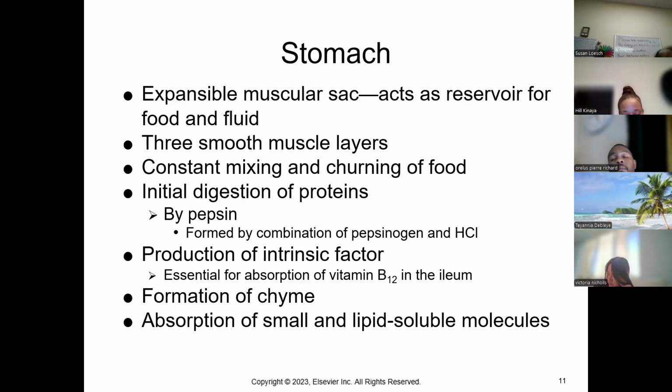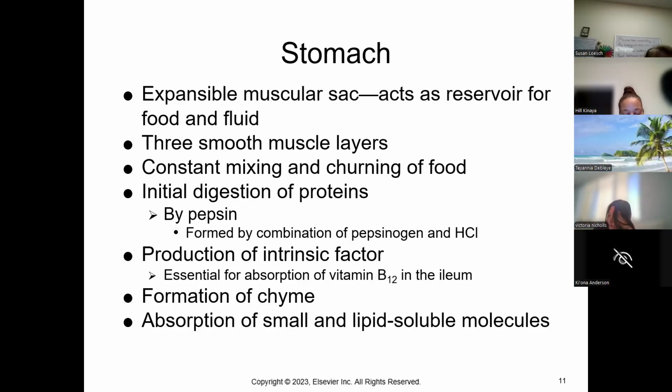So the stomach wall has three smooth muscle layers, and it has the mucosa and the submucosa. Now, the mucosa helps prevent any penetration of the acid or the pepsin, and it's also constantly being mixed and churned there. Secretions come in from the gastric glands.